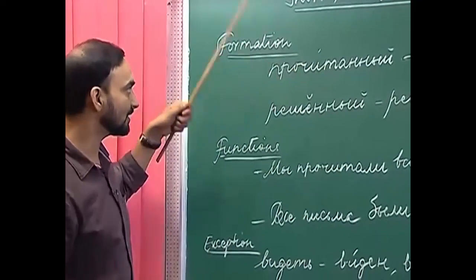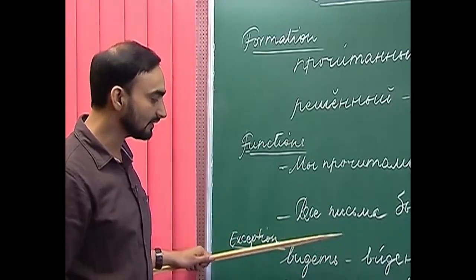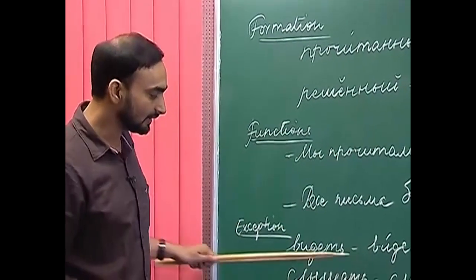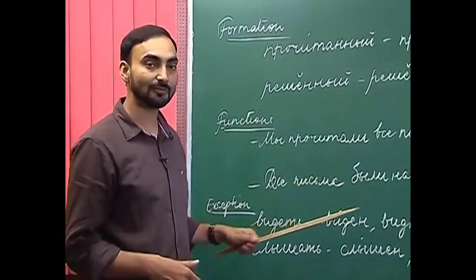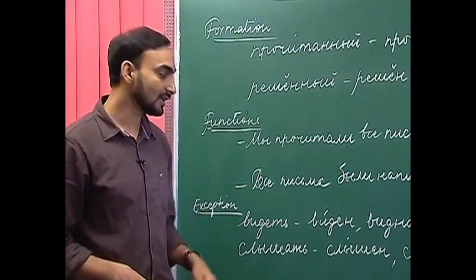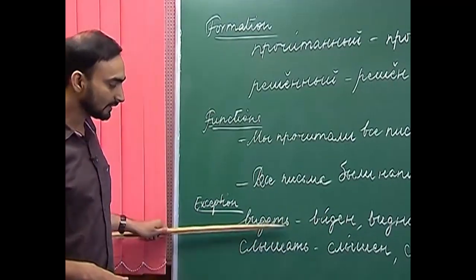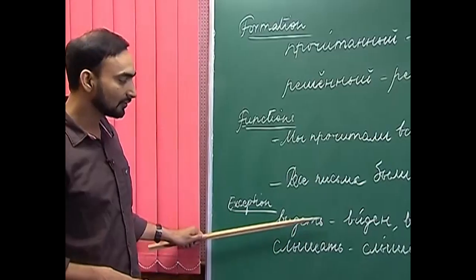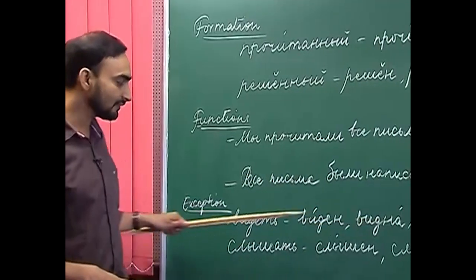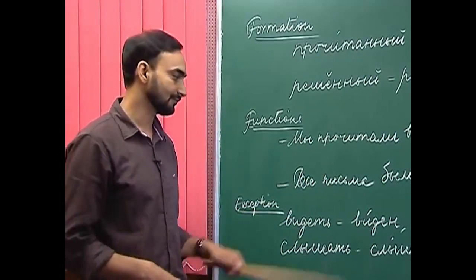Now, regarding the formation, one more important thing I need to mention, that there are some exceptions like the verbs vidich and slishach, in which the short forms of the participles are derived from the infinitive form of the imperfective aspect. For example, vidich is imperfective, slishach is imperfective. So, the short forms are derived from the infinitive forms of the imperfective aspect of the verbs.